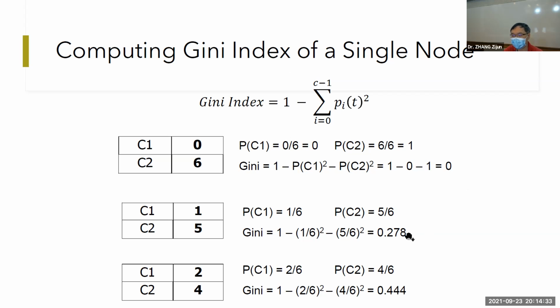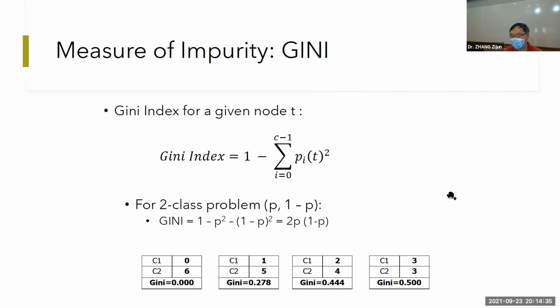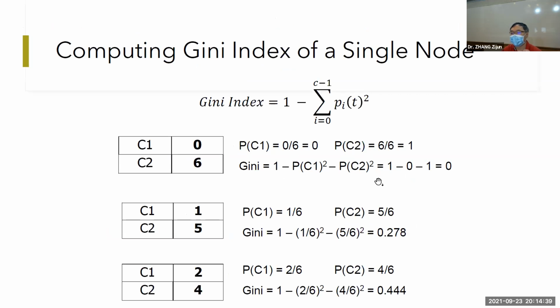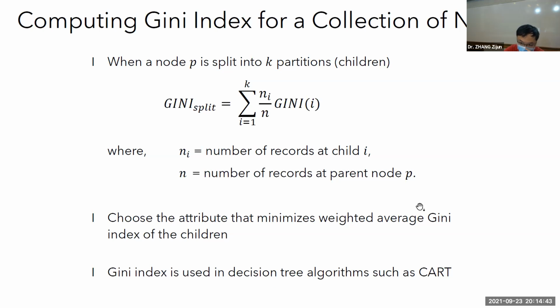The next slide shows the details of the calculation. So I can skip this slide because I've shown the details of the calculation. Then we have learned computing the impurity measure based on the Gini index for each of the nodes. Then how can we compute the Gini index for a collection of nodes?